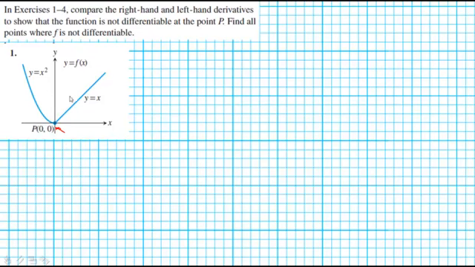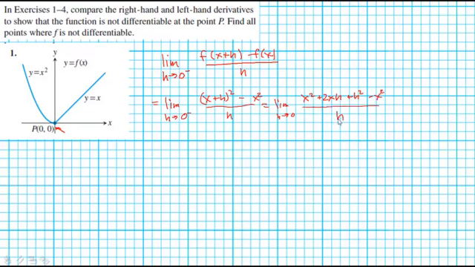If we start with this idea that we have a left hand limit, which is the limit as h approaches 0 from the negative side of f of x plus h minus f of x all over h, in this case that limit is equal to the limit as h approaches 0 from the negative side of (x plus h) squared minus x squared over h, which is equal to the limit of x squared plus 2xh plus h squared minus x squared all over h.